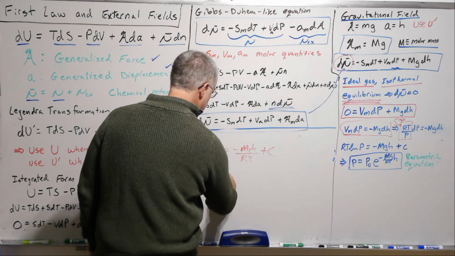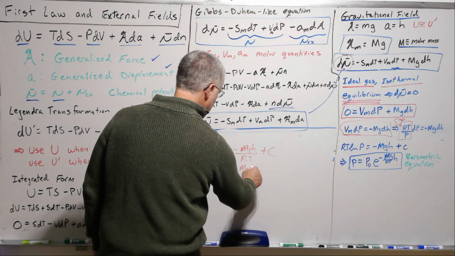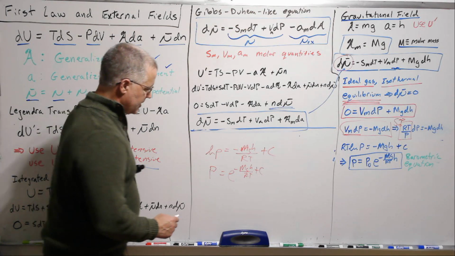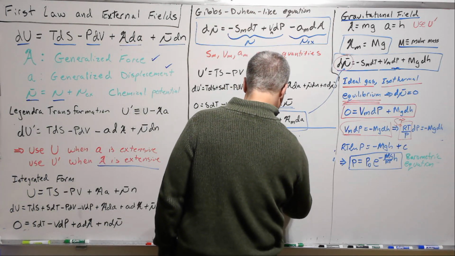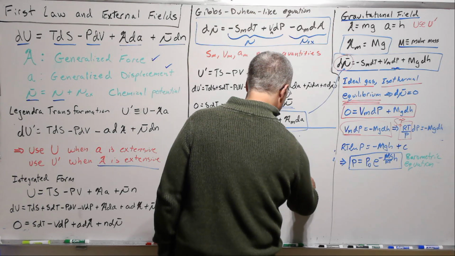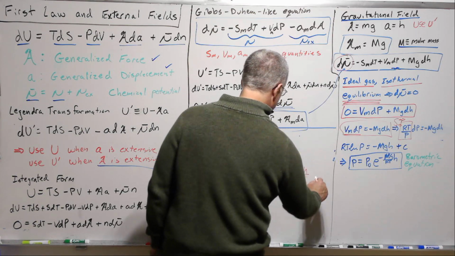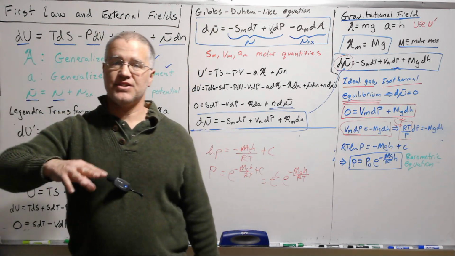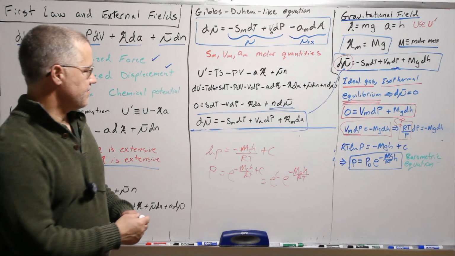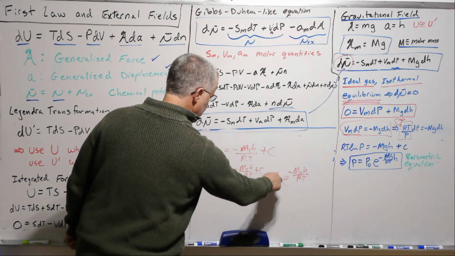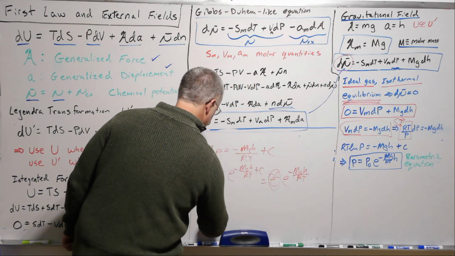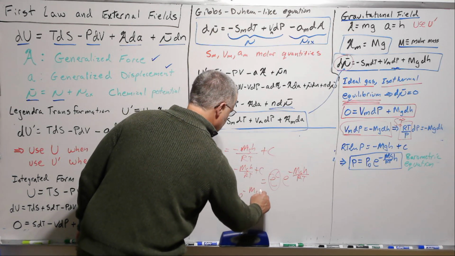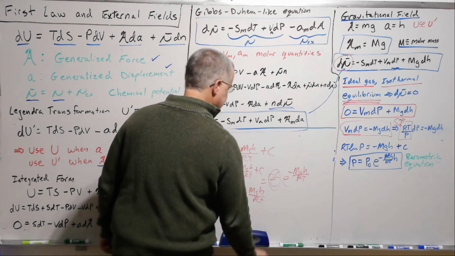So we get P equals e to the minus mgh over RT plus a constant, which can be written as e to the c times e to the minus mgh over RT. Well, what's that constant? Let's set h equal to 0. That would be the pressure at sea level, so we'll call that P naught. With h equals 0, e to the c becomes P naught. So we have P equals P naught e to the minus mgh over RT.